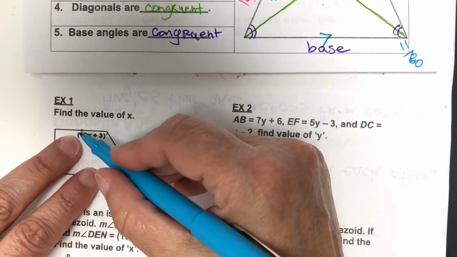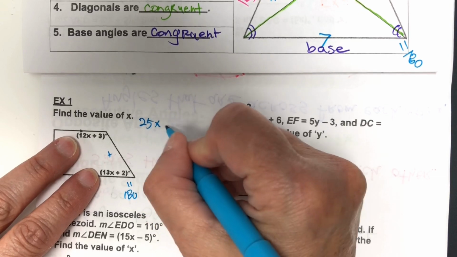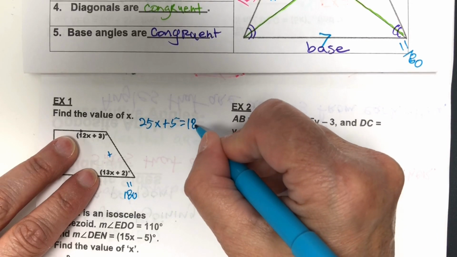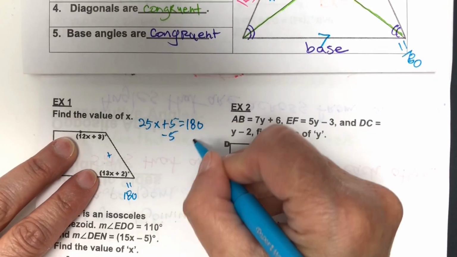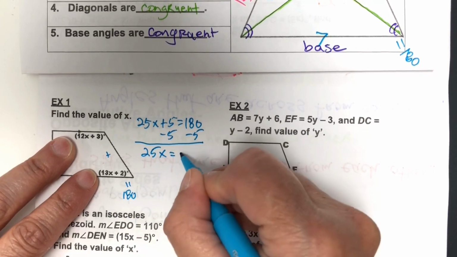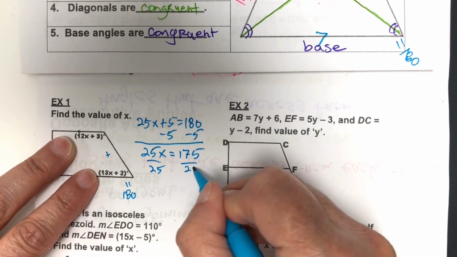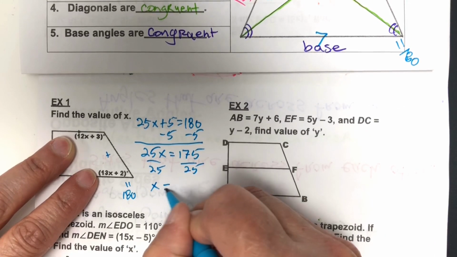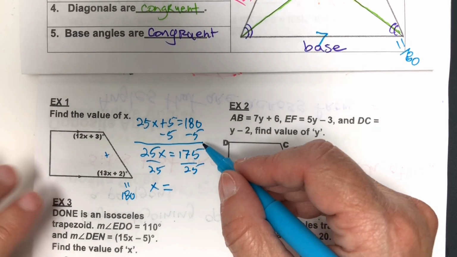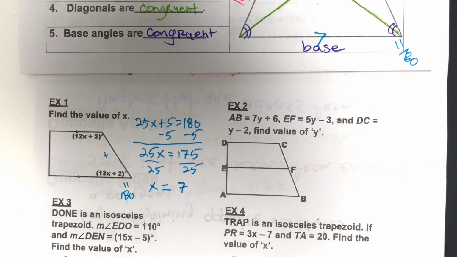Combine like terms. 25x plus 5 equals 180. Subtract 5. So 25x equals 175. Divide by 25. X equals, let's see, 100 divided by 25, that's 4. And then I got 3 more 25s, so 7. Is that right? I hope it is.